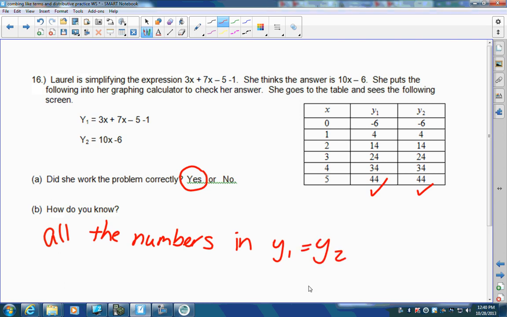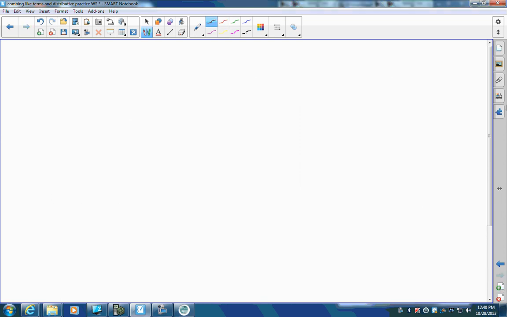Okay, flip your paper over to the back again. Now, if I have a problem like this, the reason why we do the simplifying beforehand, I draw my equal to bar and I draw my line down.